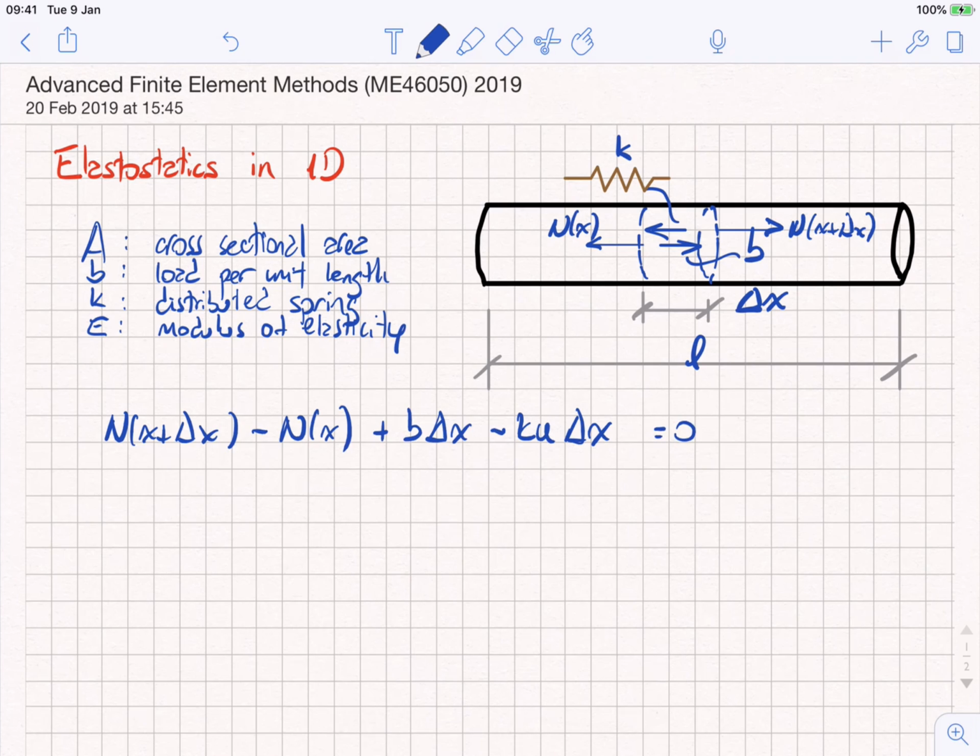Okay. Now if we divide this expression by delta x, and we take the limit as delta x vanishes, then you are left with this expression.